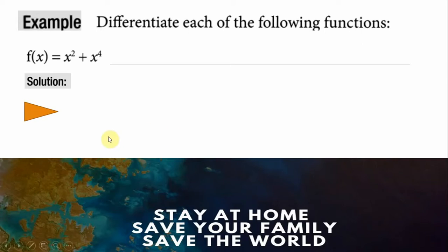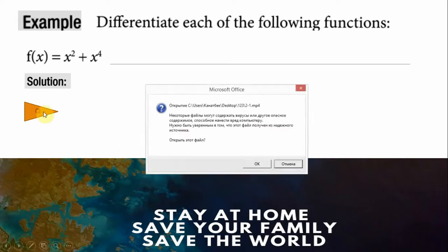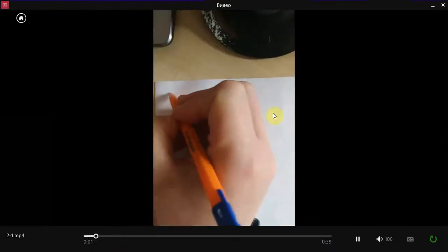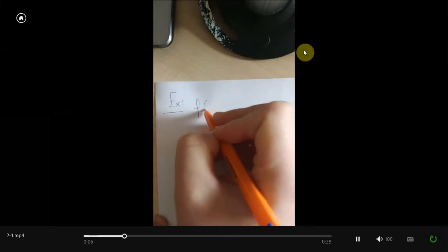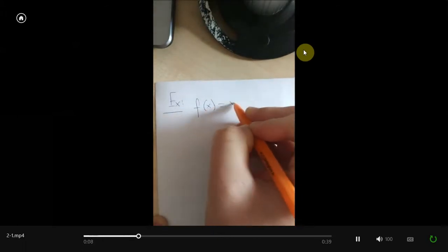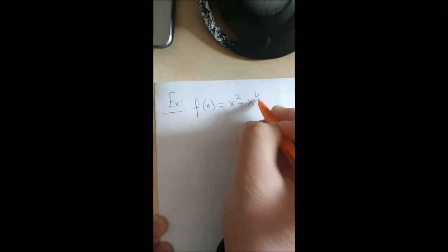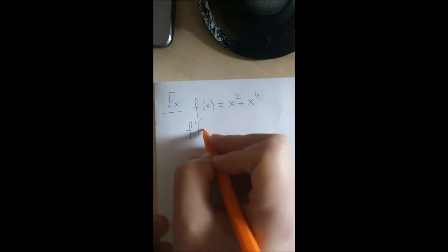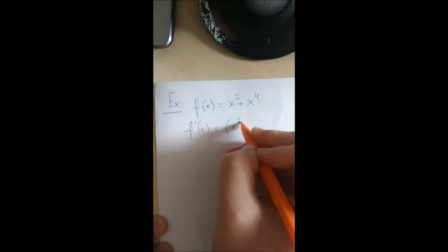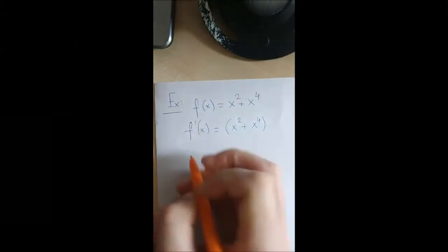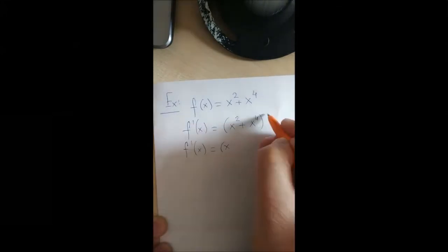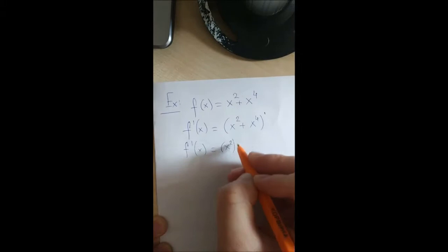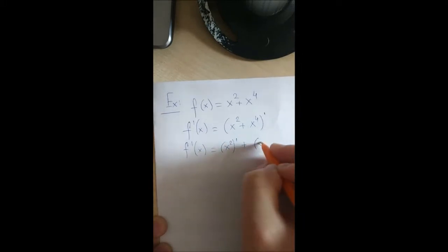Let's watch the solution. Given f of x is equal to x to the power of 2 plus x to the power of 4, f prime x, the derivative of this function, we differentiate the first term and the second term.